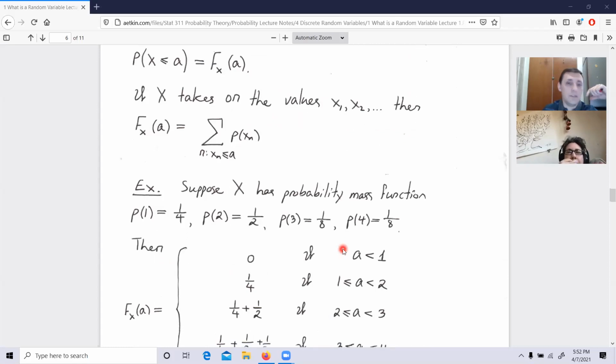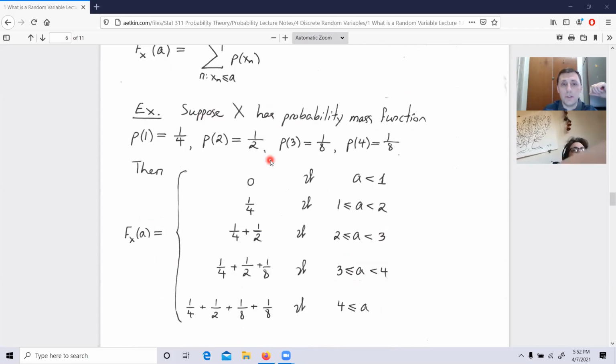So we can actually figure out the cumulative distribution, for instance, for this example. So x has the mass function, let's say, probability of 1 is 1/4, of 2 it's 1/2, of 3 it's 1/8, and of 4 it's also 1/8. Okay, so then you can see what will happen. We can even draw it just in case.